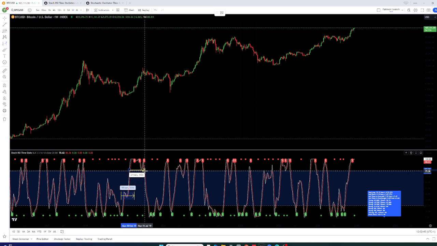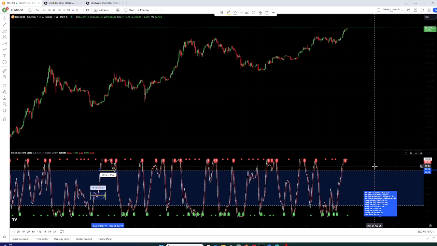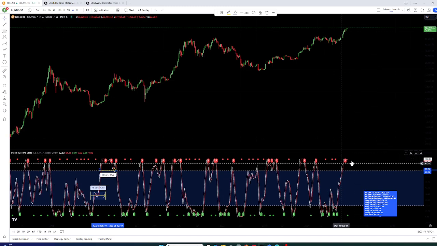So in this event, it was 20 bars. Now on average, the time in the overbought area is 6 bars. So this is a significant period, much longer than the average plus a standard deviation, probably falling within the second standard deviation. But here you can see how long you can actually expect that oscillator to stay in that critical zone.